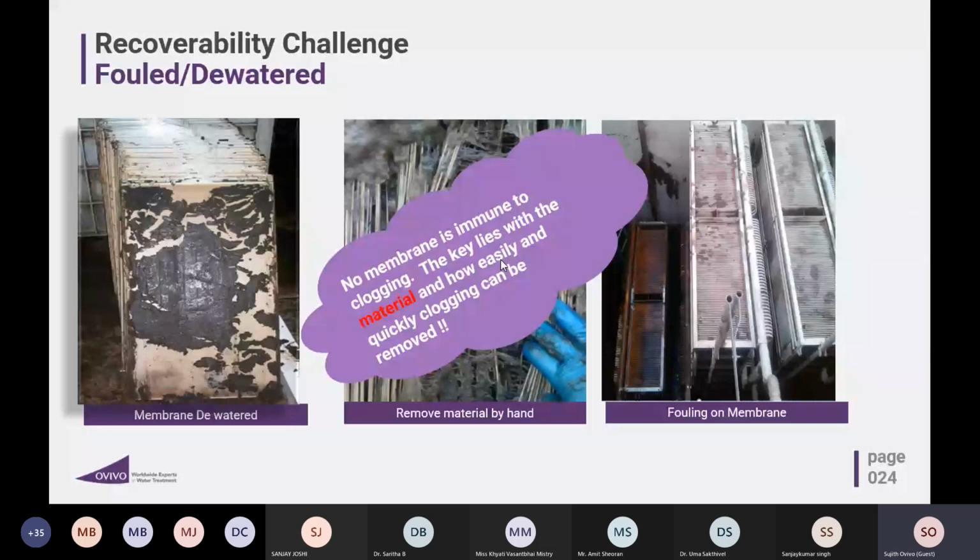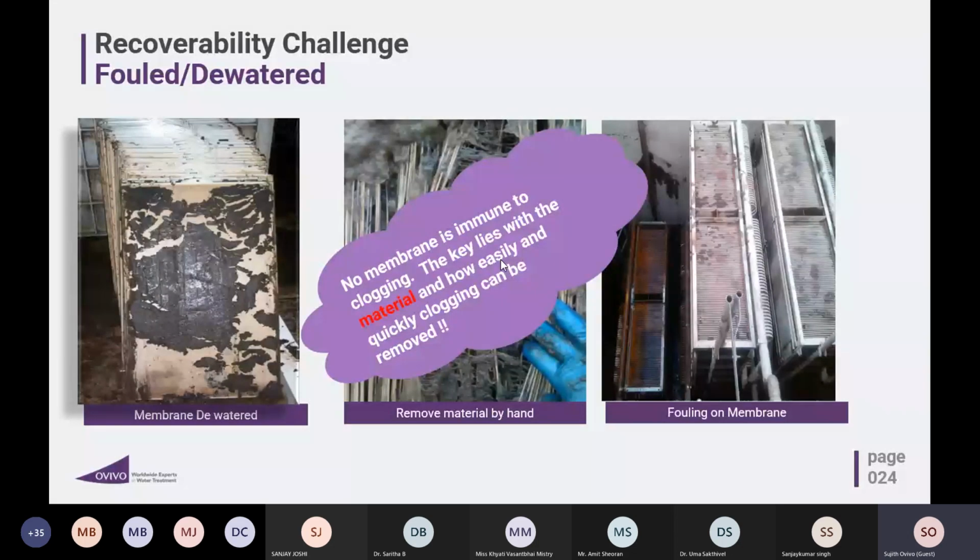Since we talked about these are all polymeric membranes, it has got some kind of limitation, right? It is highly chemically susceptible. You cannot go less than 3 pH or more than 11 pH. It cannot handle more temperature. It cannot handle more transmembrane pressure, TMP.